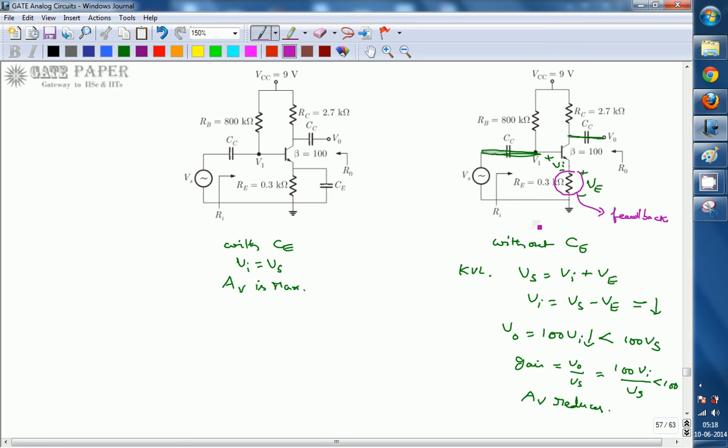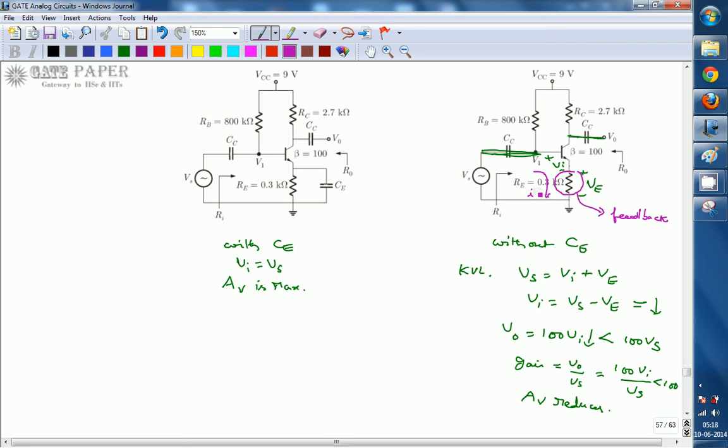Why is it called feedback? Because this is a transistor where you are applying input across the base and taking output across the collector. So the current flowing through the base is treated as input current, and the current flowing through the collector is treated as output current. Through this Re, the base current Ib is flowing, and the collector current Ic is also flowing.